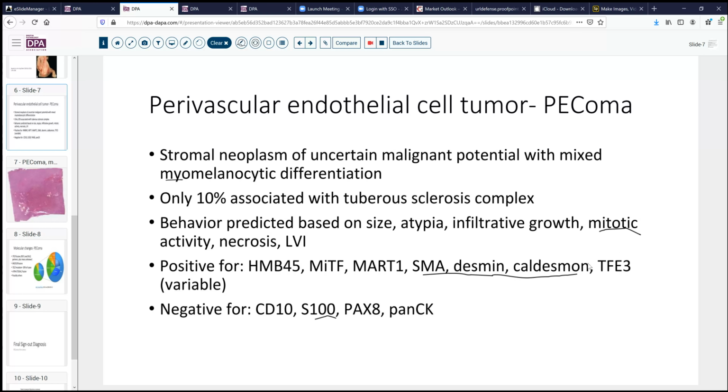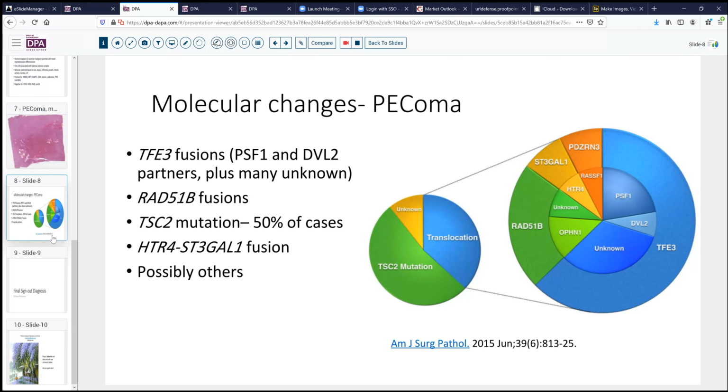Now, one molecular marker that is sometimes applied to these is TFE3, looking for the molecular mutations that can be associated with PEComas. In fact, TFE3 fusions are not the most common finding. The most common finding is that of a TSC2 mutation, about 50% of cases.